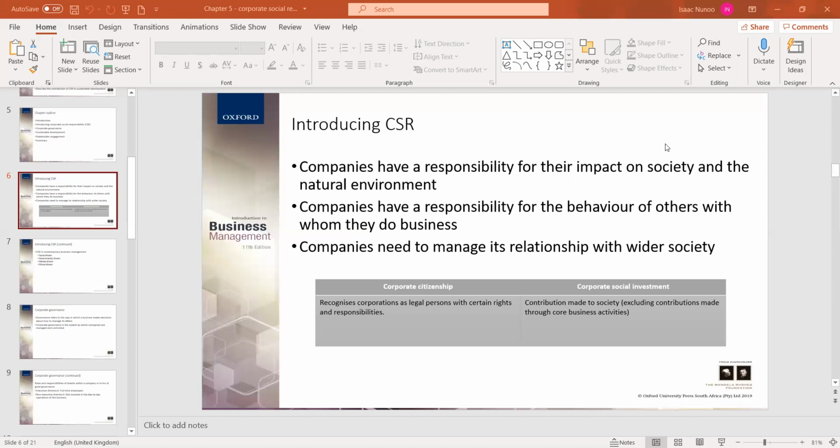In terms of the definition of corporate responsibility, it also takes into consideration the legitimate interests and expectations of stakeholders. It is also in compliance with the law and consistent with internal norms. It also considers integration throughout the company and practice in each relationship.